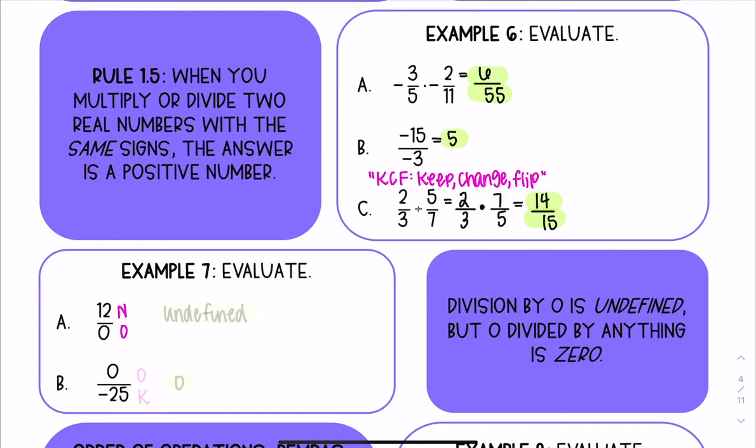And so this is undefined. In the other case, if I have the 0 on the top, that is okay, and we end up just getting 0 as the answer.